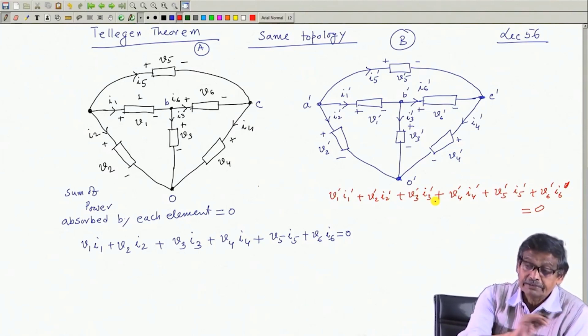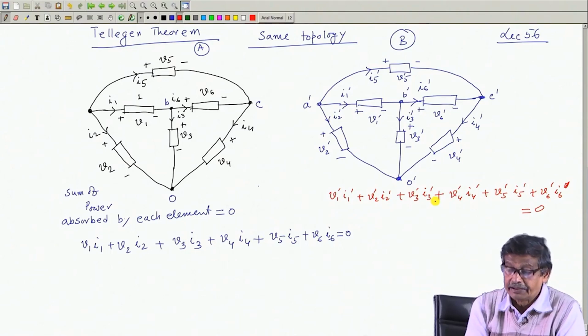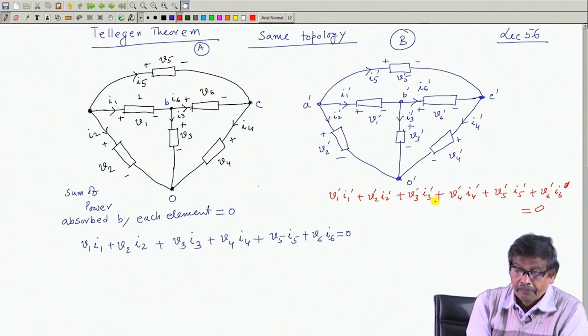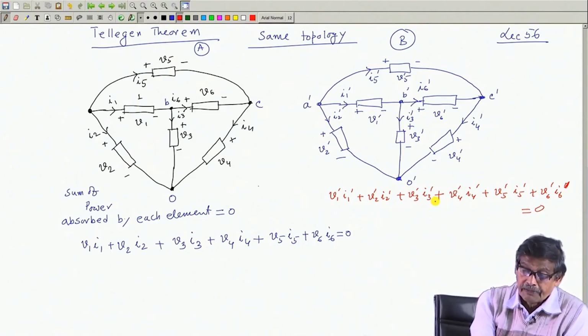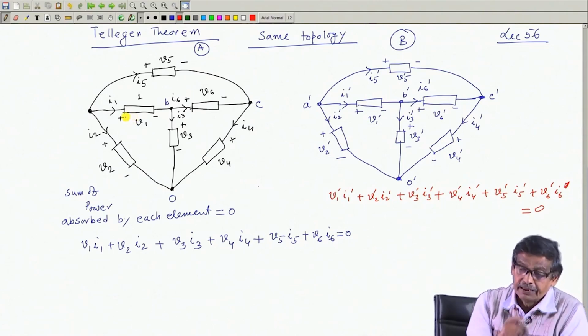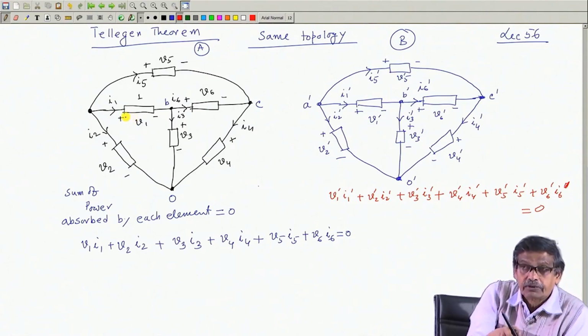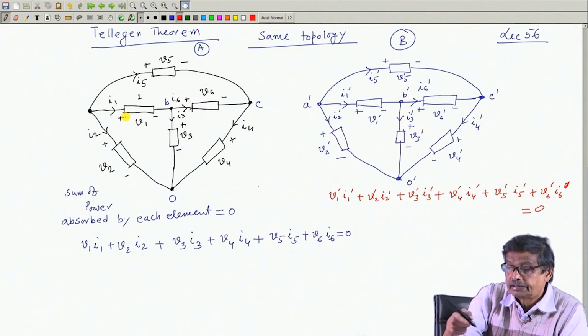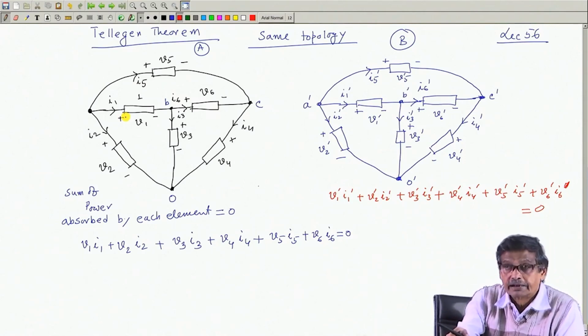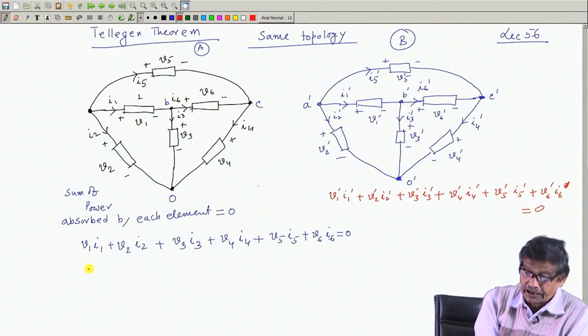But now, Tellegen's theorem states that if you multiply voltages of network A with the corresponding currents in those elements in network B, that is what I will do.